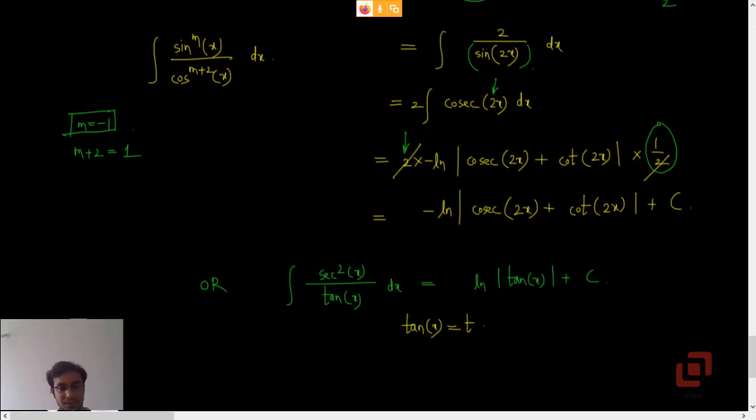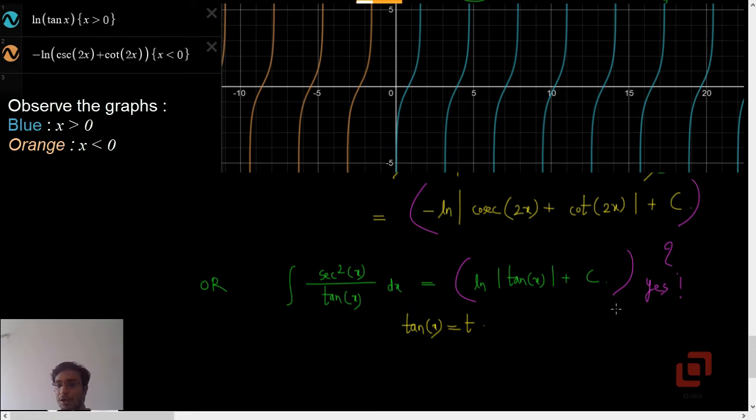Now you may ask, are these two functions identical? Are they the same? Yes, they are the same. You can use any plotter software to verify that the graphs of these two functions actually overlap. And see, this is where integration problems differ from differentiation problems, especially multiple choice questions.